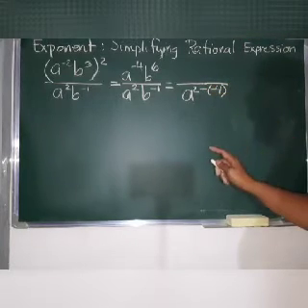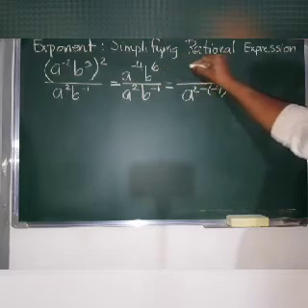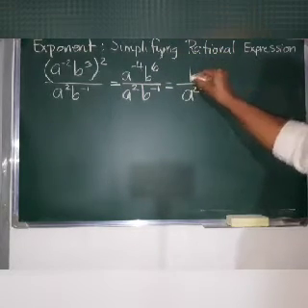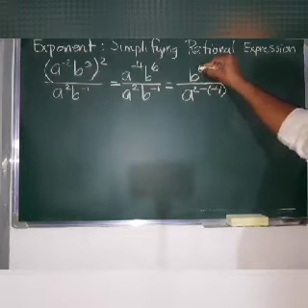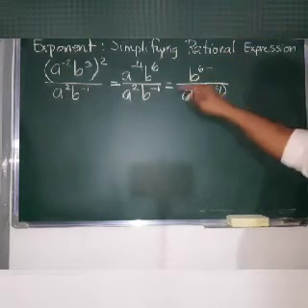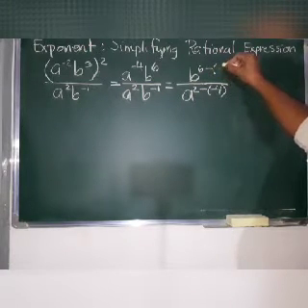Next, yung b natin, ang positive na exponent ay nasa taas, kaya nasa taas ang b. Next, copy the exponent nung nasa taas, and then subtract natin yung exponent na nasa baba, which is negative 1.